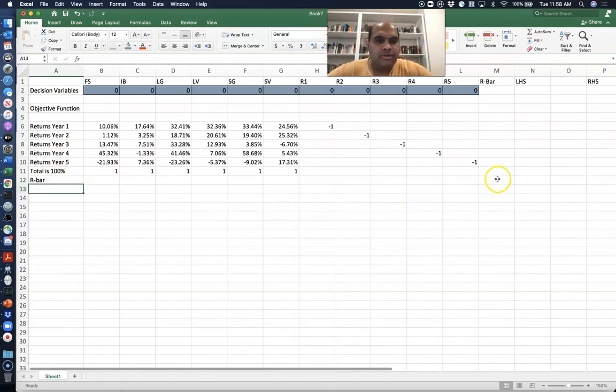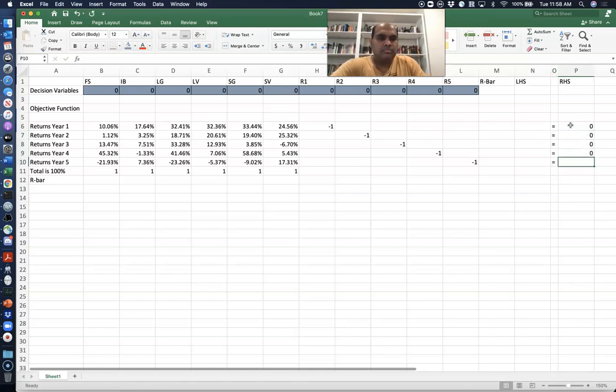Oh, we didn't write the constraint. So let's write the constraint. All of these have to add up to 1, right? So all the weights have to add up to 1.